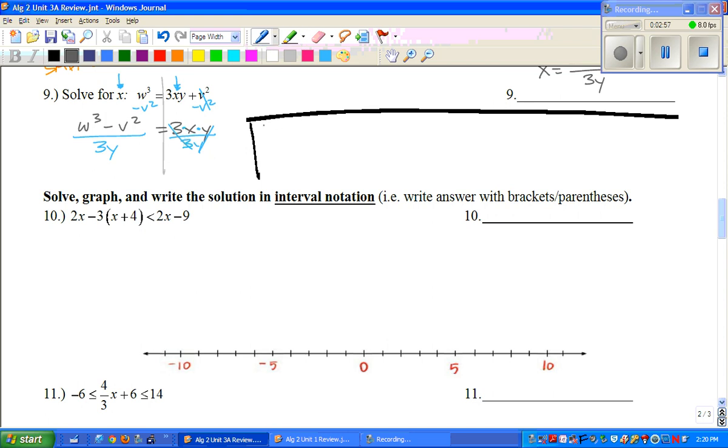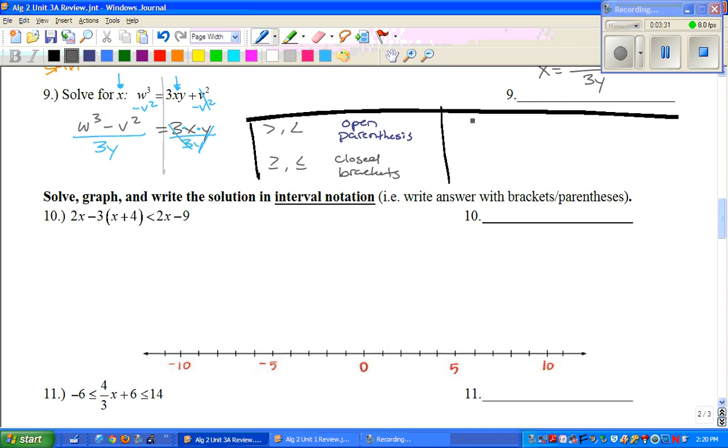Those are open, and we use, not brackets, we use parentheses. Know which ones. These ones are closed, and we use brackets. Okay.